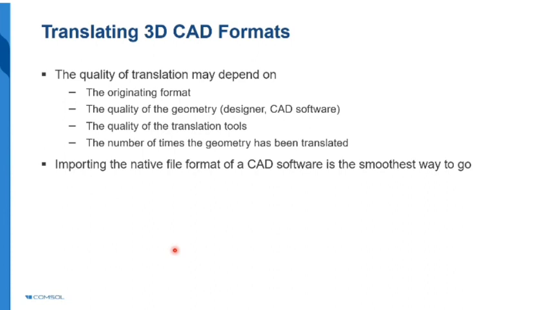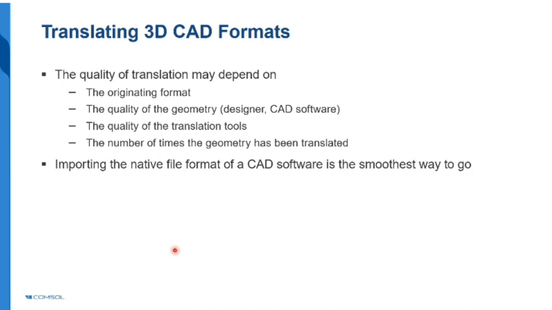For example, if you want to get the final file in .stp format, and before that, say you export from AutoCAD in DWG format, and from DWG again you convert it into STP format.